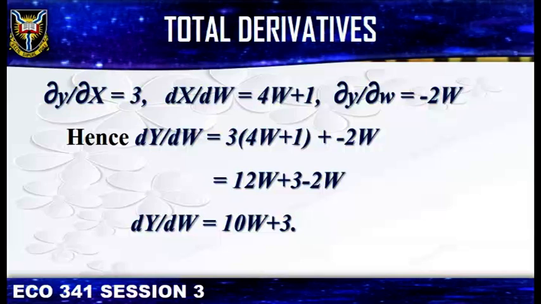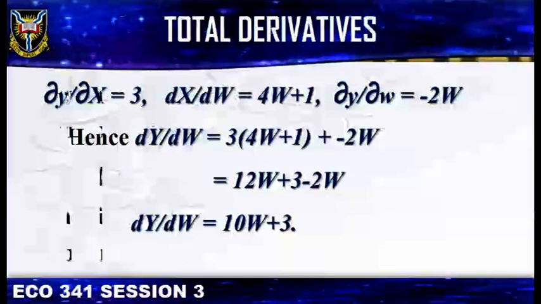Partial dy partial dw is equal to minus 2w. Hence, dy dw is equal to 3 times (4w plus 1) plus (minus 2w), which is 12w plus 3 minus 2w. dy dw is equal to 10w plus 3.